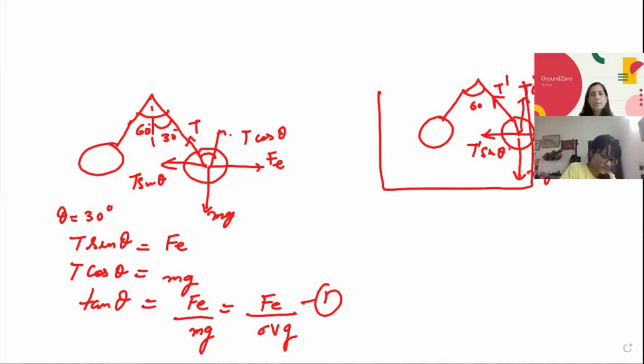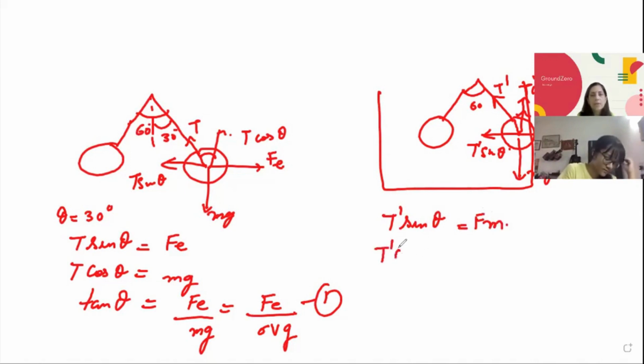The repulsive force will also change, the force in the medium, right? And any other force? Yes, the upthrust will also be acting, and that will act in the T cos theta direction. So T dash sin theta is equal to Fm, the electrostatic force in the medium.